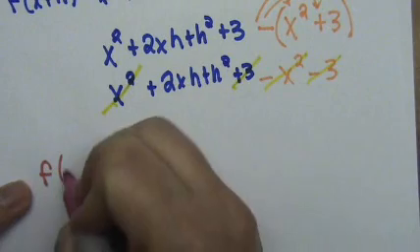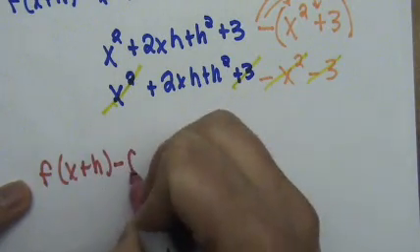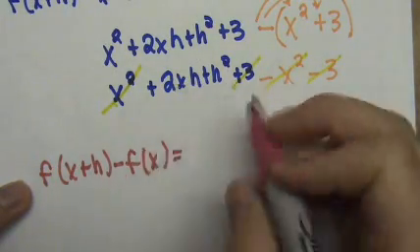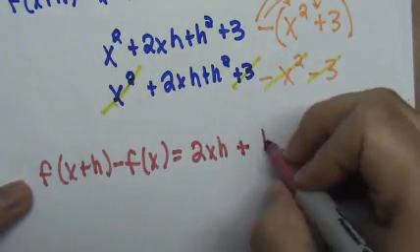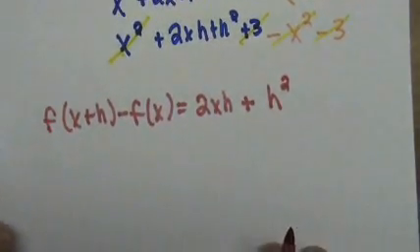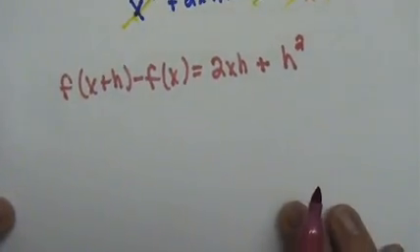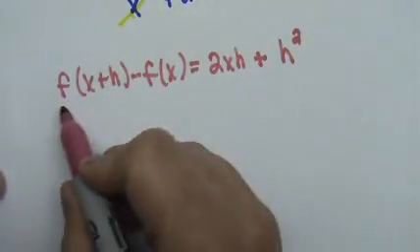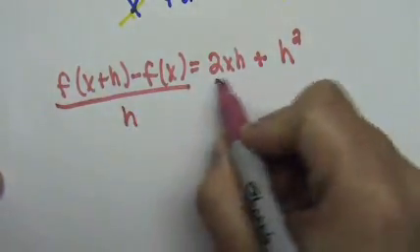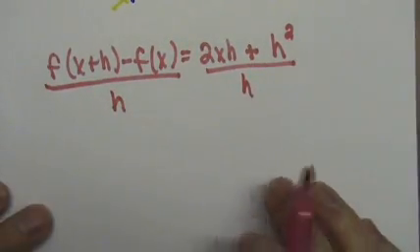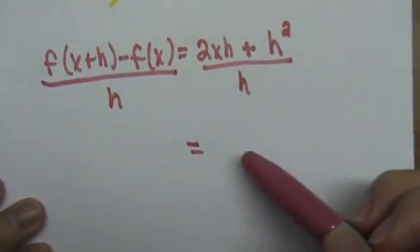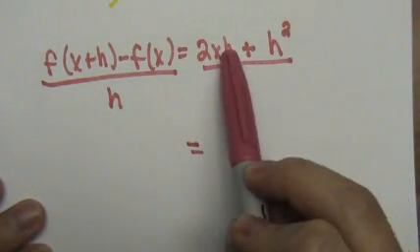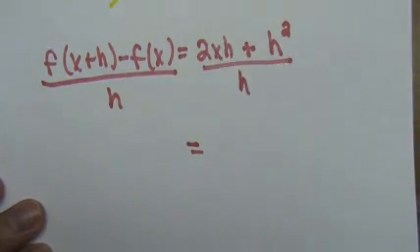So finally, we have f of x plus h minus f of x is only equal to 2xh, that's a plus, not a t, h squared. So we're almost done. Remember, the last step is all of this goes over h. So let's see if we can simplify this. Notice that we have an h in the top in both terms.